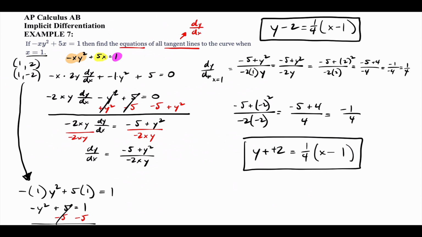All right? If I were to plug in 1 to an explicit equation, I'd get one answer. Plug in x, you get one answer. Because it's a function. These guys aren't functions. So I might get multiple answers when I plug in x. Okay?